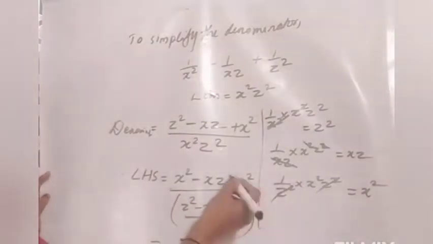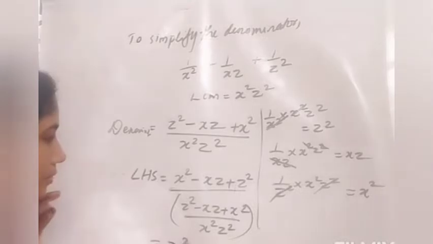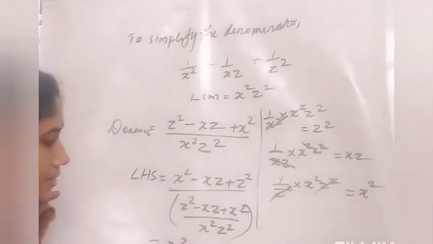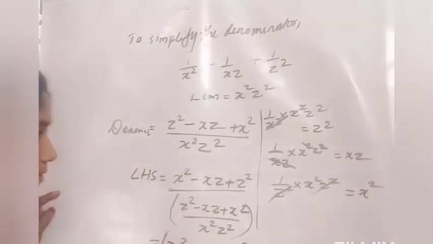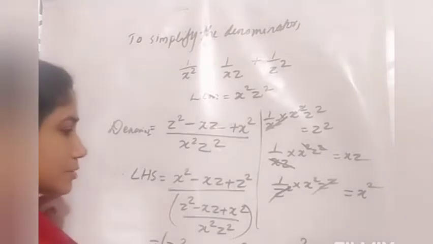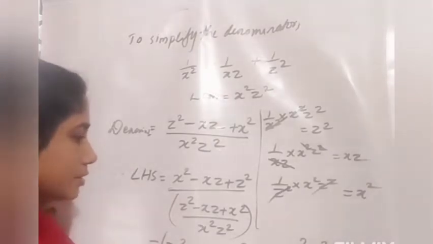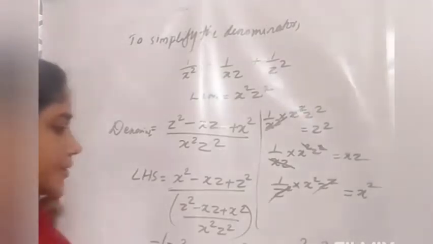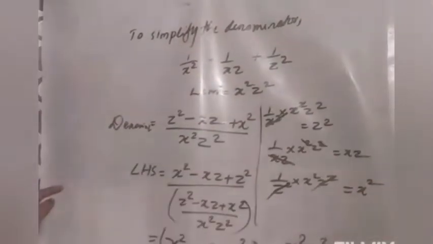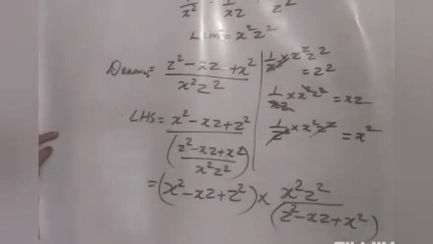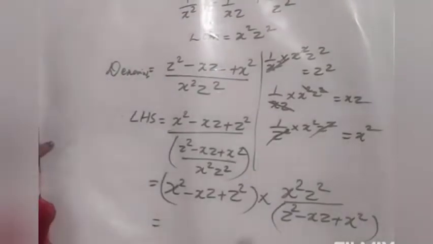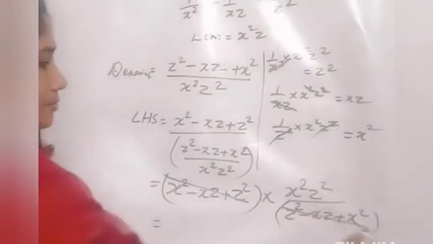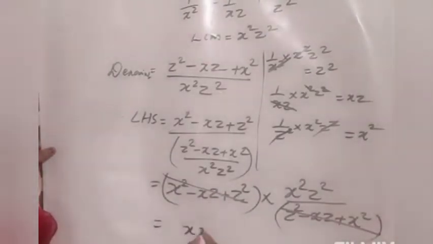How can we divide? Yes, multiply by the reciprocal. (x square minus xz plus z square) is the numerator into x square z square by (x square minus xz plus z square). Now you can see this group, x square minus xz plus z square, on numerator and denominator. So we can cancel this common term.